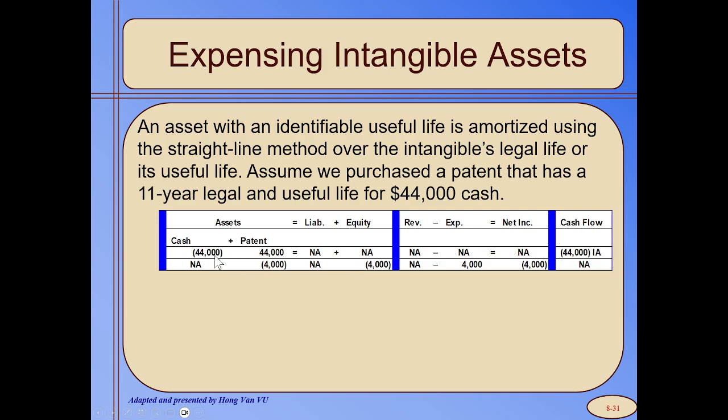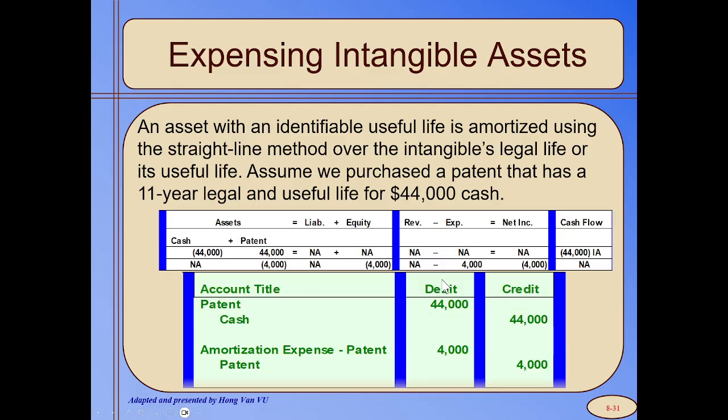Assets cash decreased by $44,000 and the asset patent increased by the same amount. In the investing activity, we show a cash outflow of $44,000 for acquisition of the patent.